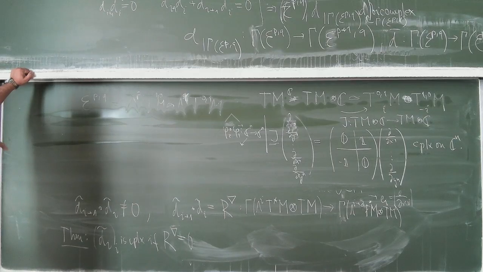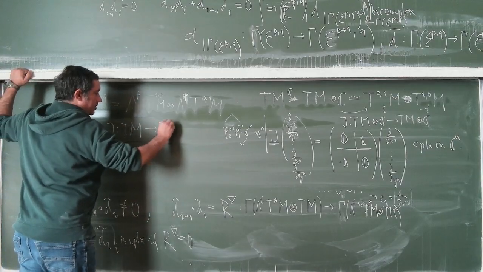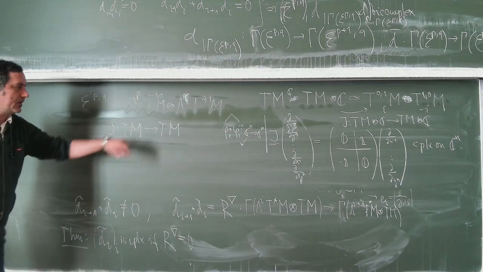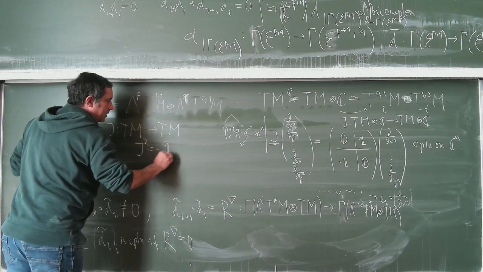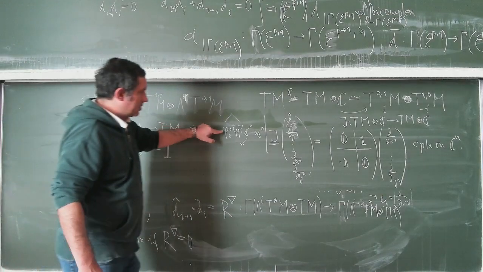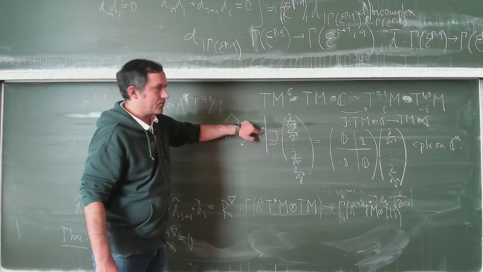And if you start with a smooth manifold and a smooth map J from TM to TM such that J squared is minus identity, then M has a complex atlas, so it has an atlas whose transitions are holomorphic maps.